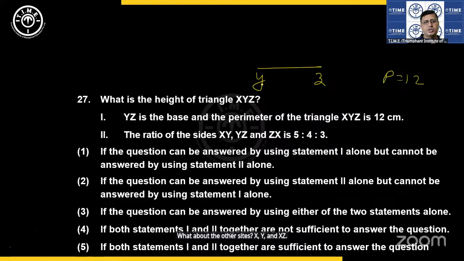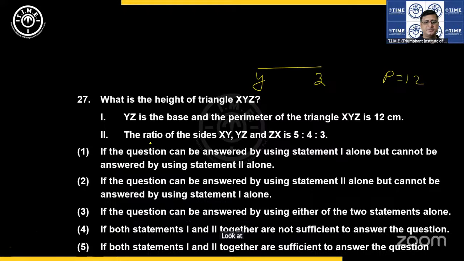The information is missing here. We don't know the lengths, we don't know the ratio of the lengths, nothing is given about the sides. No well-defined data is given with these sides. Only one thing is given, YZ is the base. Whatever the dimensions, they are not given.